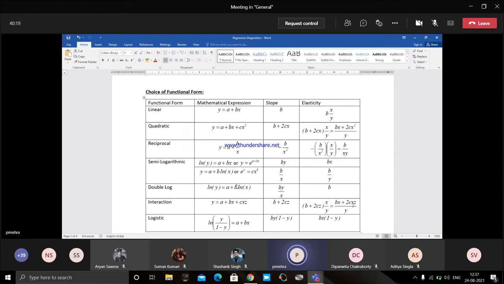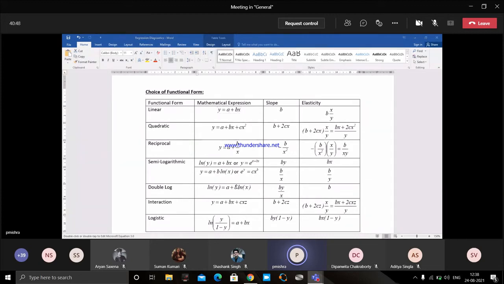Let me just give you an example. Suppose the true consumption function is quadratic. And as a student of macroeconomics, you all know that in general, we define the consumption function in linear form.